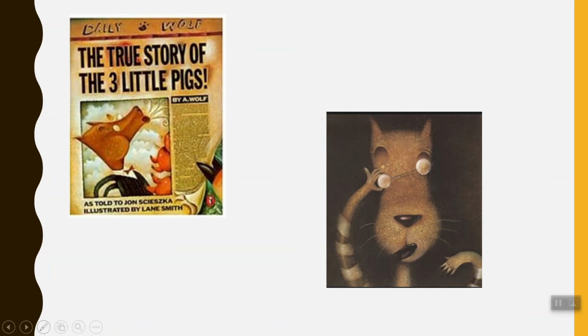And this time, because you're hearing the wolf's perspective, you get the wolf's thoughts and feelings. And he explains how he didn't blow down the pigs' houses on purpose, but he simply had a cold, and when he sneezed, it blew their flimsy houses down.